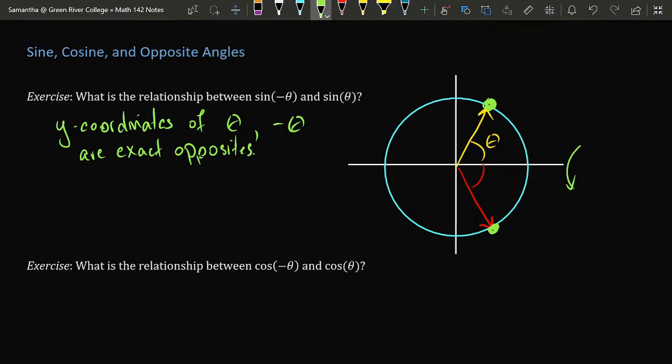Because sine is what gives us the y-coordinates, that means that sine must be giving me opposite values as well. So in other words, sine of an opposite angle, sine of minus theta, which is pointing straight down, is going to give me the negative of sine of positive theta, which is pointing straight up.